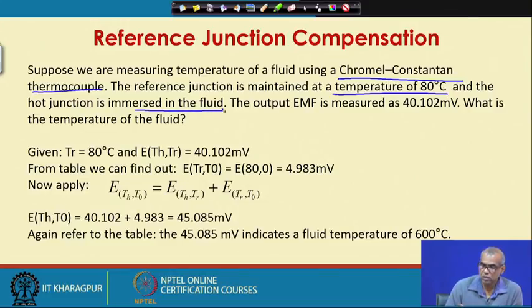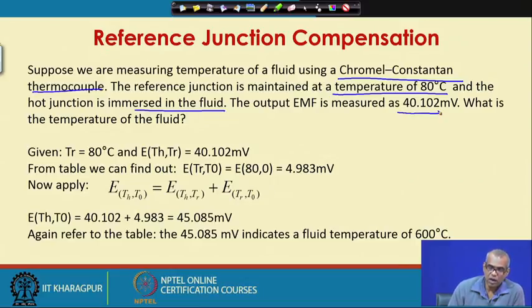The output EMF is measured at 40.102 millivolt. What is the temperature of the fluid? Basically, the reference junction is not at 0 degree Celsius, it is kept at 80 degree Celsius, and the output EMF is 40.102 millivolt.